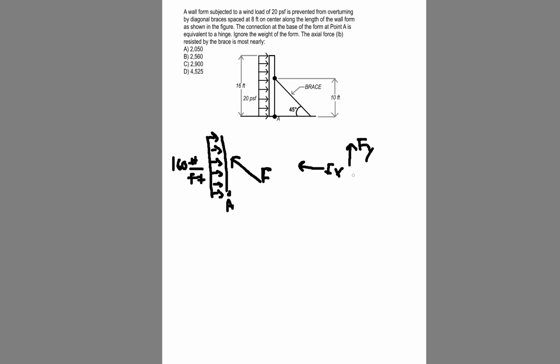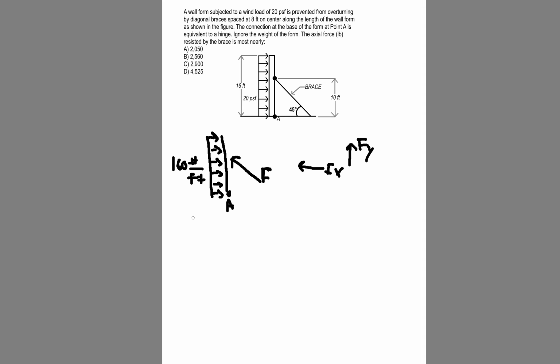Okay, so Fy does not cause a moment about point A, but Fx does cause a moment about point A, right? Because it's tending to rotate, it's going to push the form back against the force of the wind, right? So that's in a counterclockwise direction, and it's acting at a height of 10 feet above point A, right?